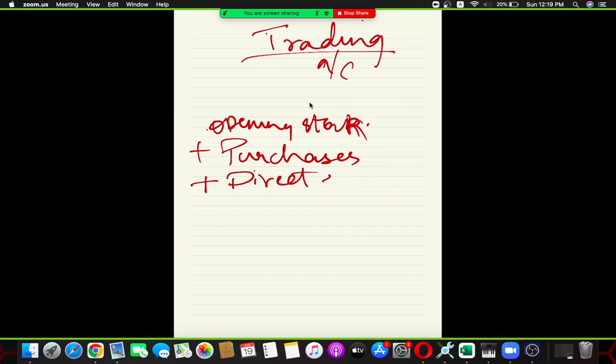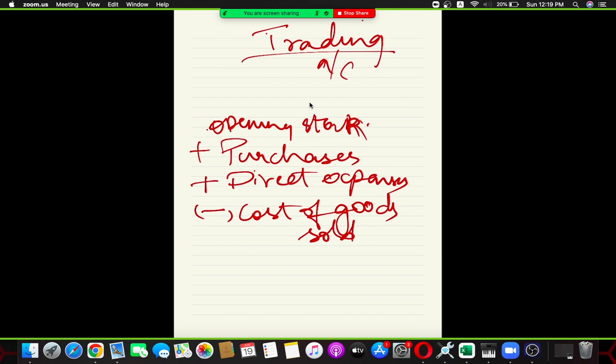Now, direct expenses. Next, you will reduce the cost of goods sold. If you reduce the cost of goods sold, you will get the closing stock.